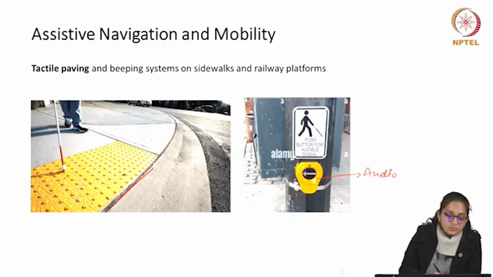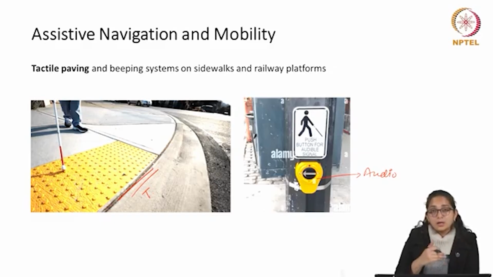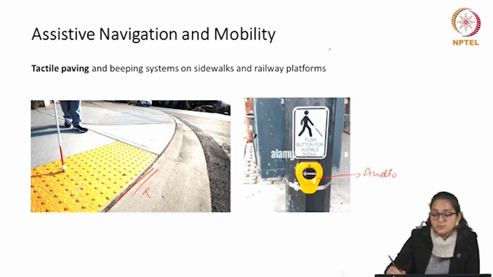Then there is also tactile paving, which helps you understand at what point on the sidewalk the zebra crossing is placed. This is something which we in India may be able to see primarily inside metro stations or railway stations. However, globally, it is something which is also very much built into public road infrastructure.